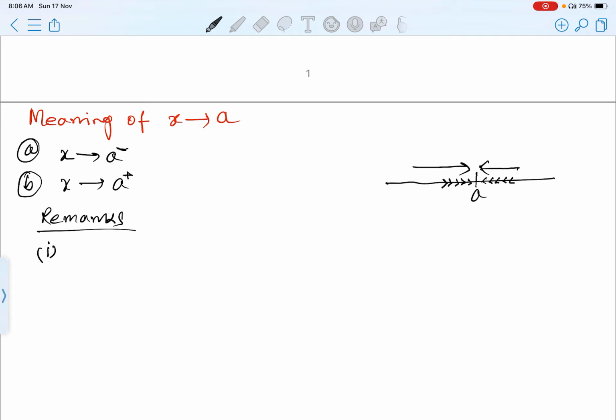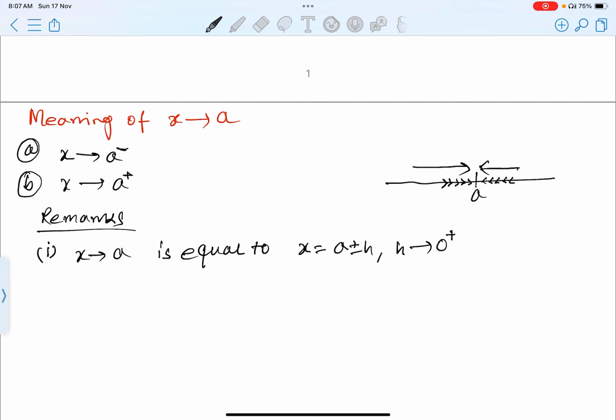And remarks. First, what is the equivalent definition? If x tending to a means x equal to a plus or minus h, what is the meaning of that? I am trying to say, why do I write x tending to a as x equal to a plus h and h tending to 0?